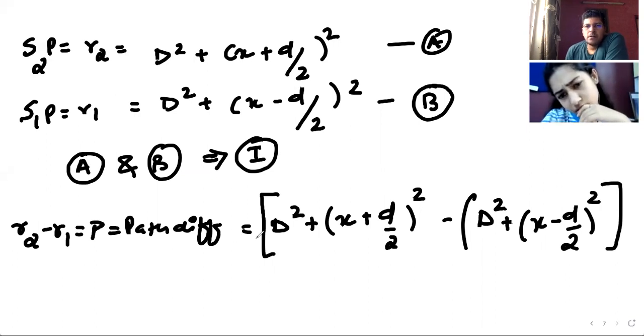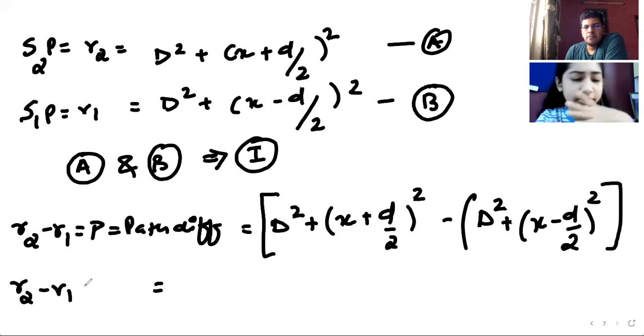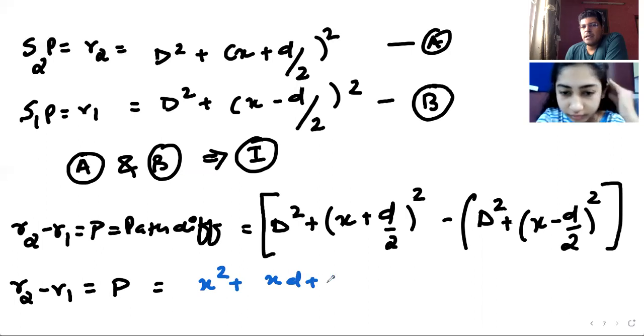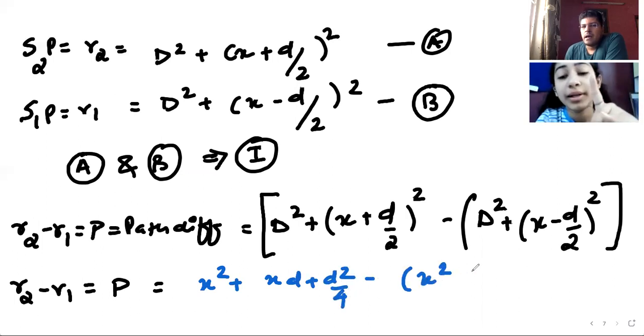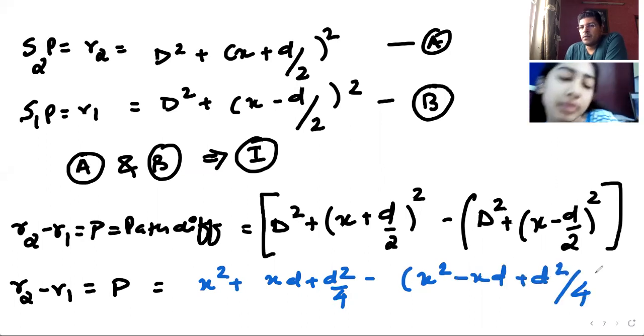ચલો, કન્વેન્શનલ મેથડ x square plus small x d plus d square by 4 minus x square minus x d plus d square by 4.